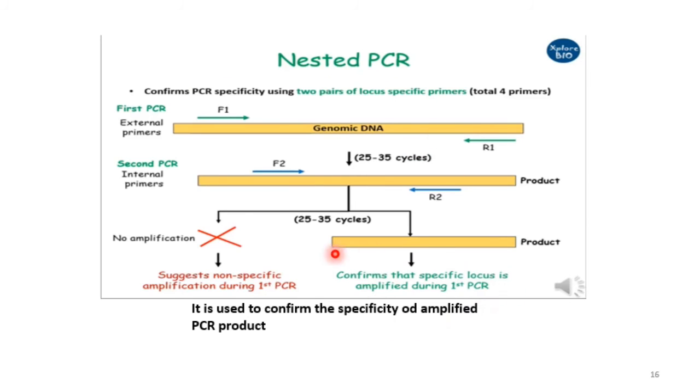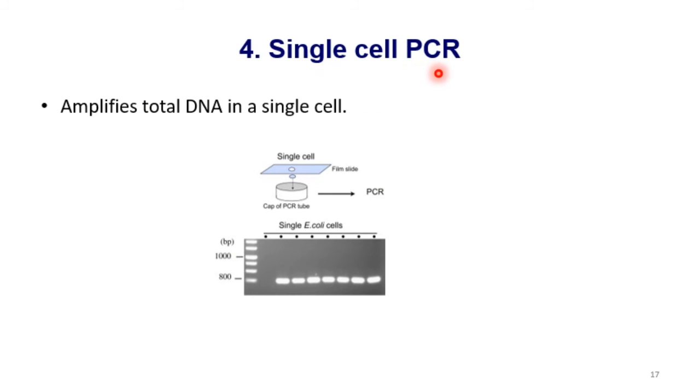If there is an amplification, this confirms that there is a specific reaction, or that there is a specific locus being amplified. So as I said, it is used to confirm the sensitivity and specificity of the amplified PCR product.